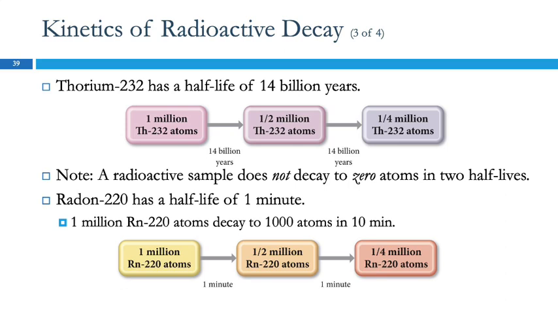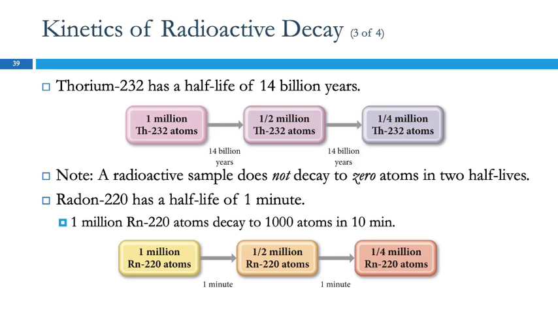If you think of a mole as a reasonable sized quantity of something, it's 10 to the 23rd atoms. So 1 million atoms is just not very many, really. If you start with 1 million atoms, after 14 billion years, you've got 500,000 left. And then after another 14 billion years, now you've got 250,000.